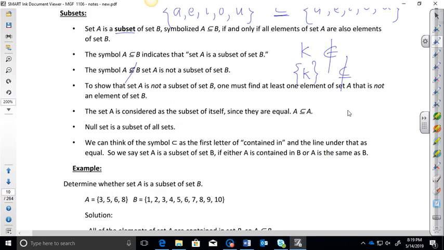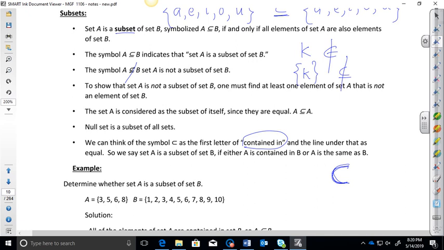Subset comes from the phrase contained in. That's why we use that C. It's inside that. But if you don't put that equal sign underneath, only C, that means it's a proper subset. The set itself cannot be a proper subset.